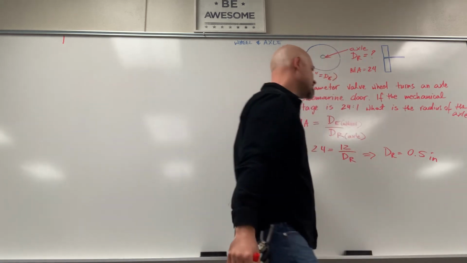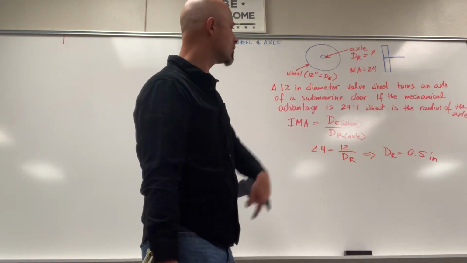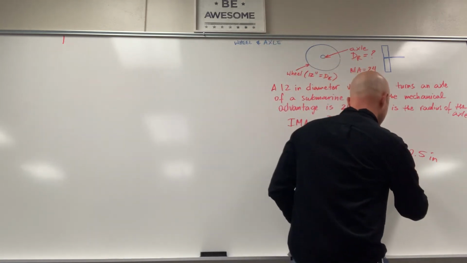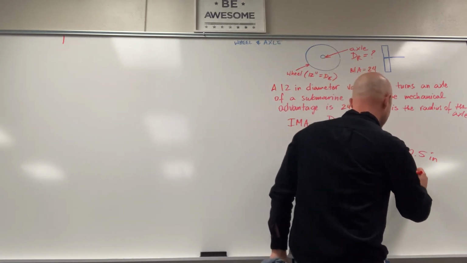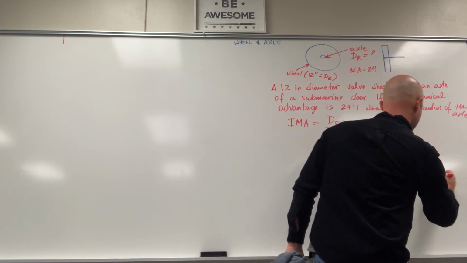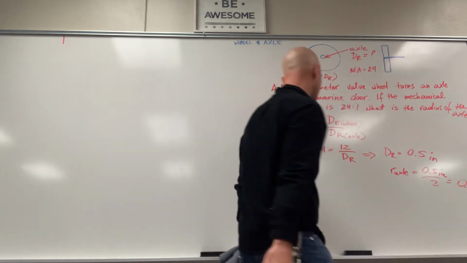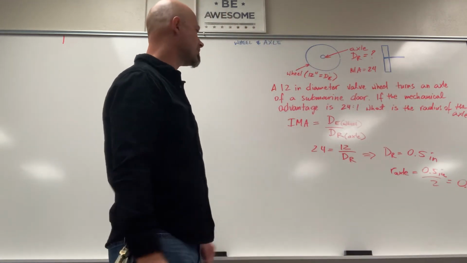But you have to realize that this is the actual diameter, and the question asks for the radius. So of course, the radius of the axle is 0.5 inches divided by 2, which is a 1/4 inch or 0.25 inches. Okay? So that's how you work those out.